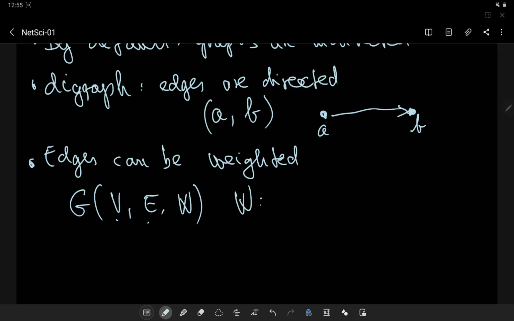Instead it's a function which takes the set of edges and assigns in general a real number, which can be either positive or negative, or of course if there is no edge, then the corresponding weight is 0. Okay, so that is a weighted graph.